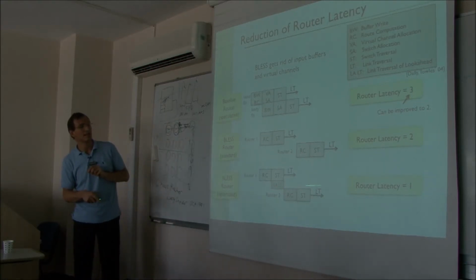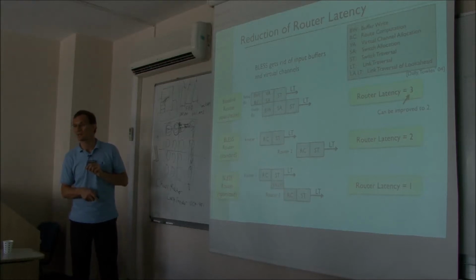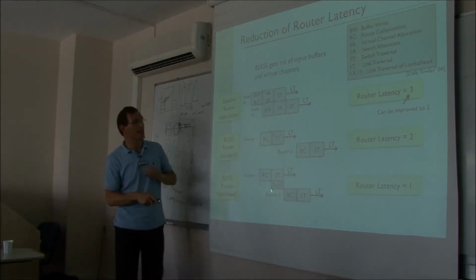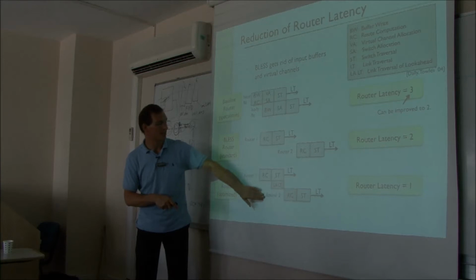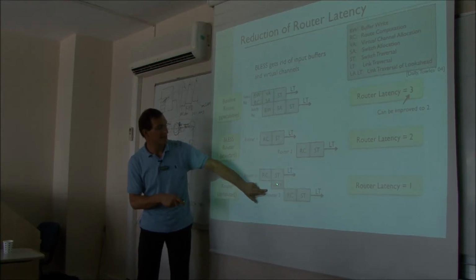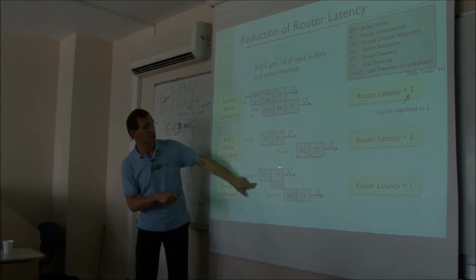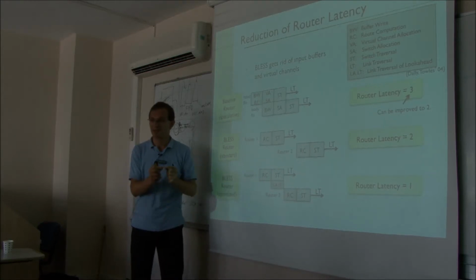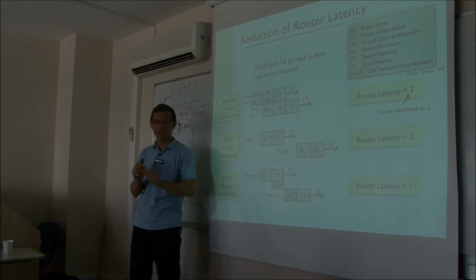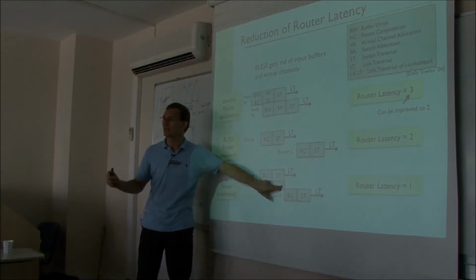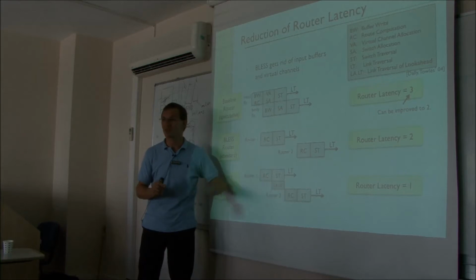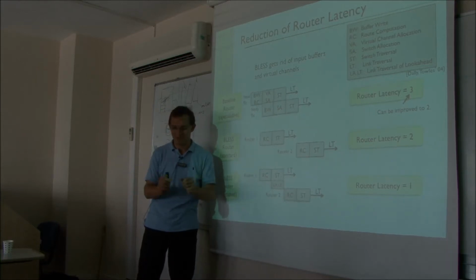And this is going to be tougher, but what you can do is a look-ahead link traversal. Whenever you do the ranking and the arbitration before doing the switch traversal, you can send, via some separate links, a message to the next router saying, I'm going to send this packet to you with this information, with this priority.